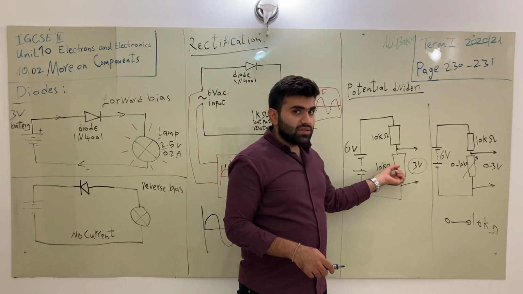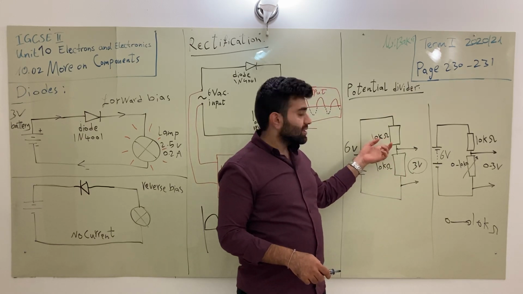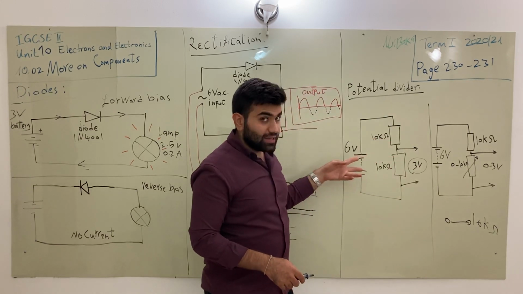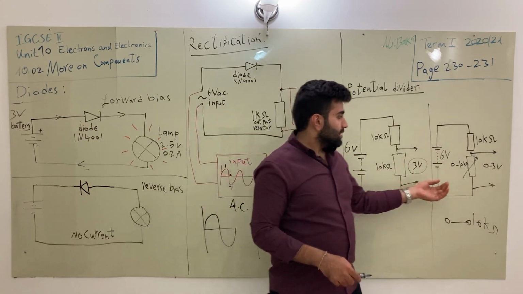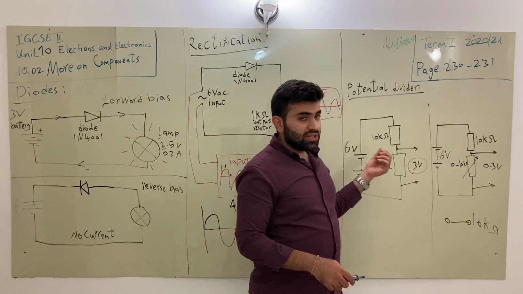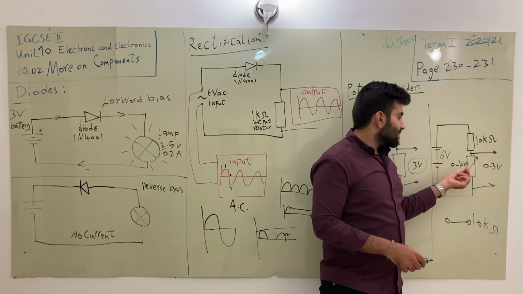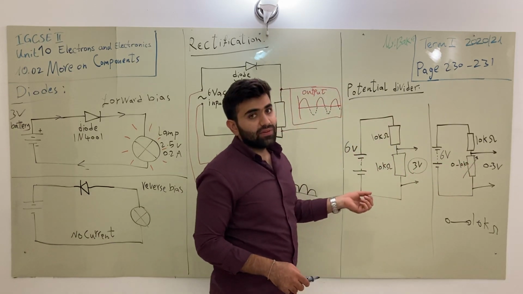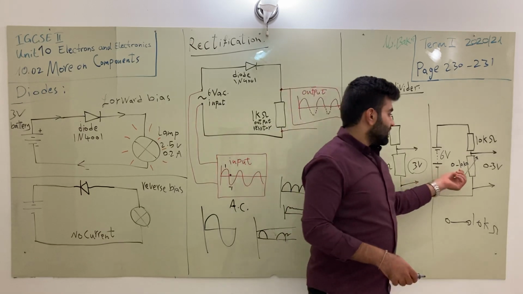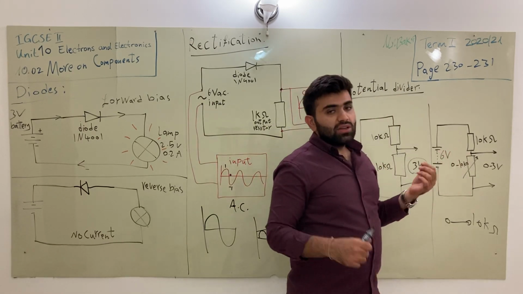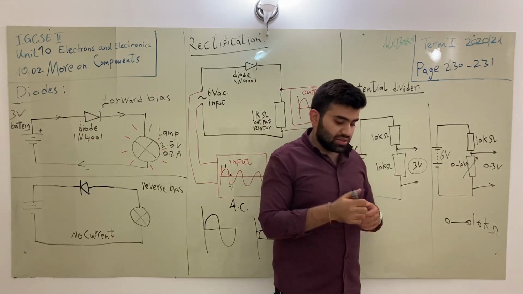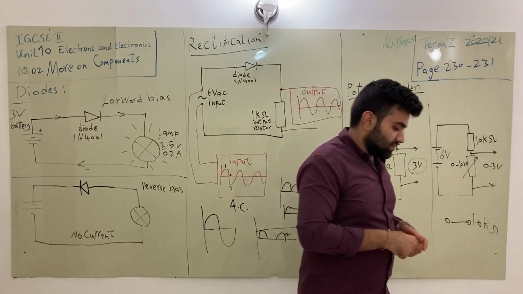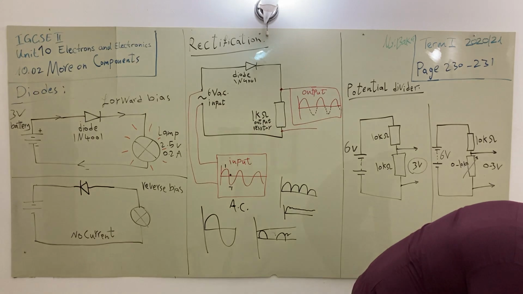More resistance here means less volt here and more volt there. Again, why? Because they share the voltage from the cell. So we have a changeable voltage from 0 to 3 volt, depending on the value of the resistor I put. The variable resistor can be changed from 0 to 10 kilo ohm.